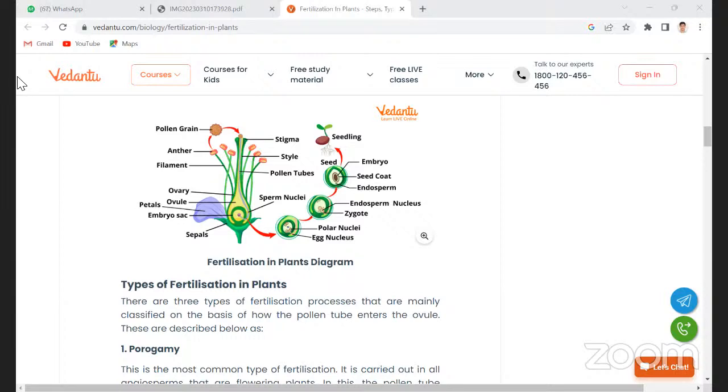In Althaea rosea, many, 10 pollen tubes from a single pollen grain have been observed. What is the plant name? Althaea rosea. 10 pollen tubes from the single pollen grain have been observed, and in Malva neglecta the number goes up to 14 pollen tubes.